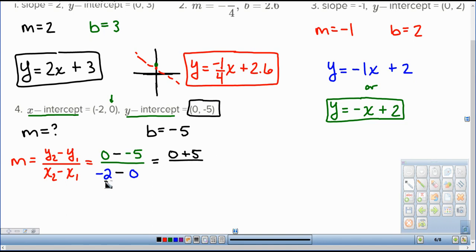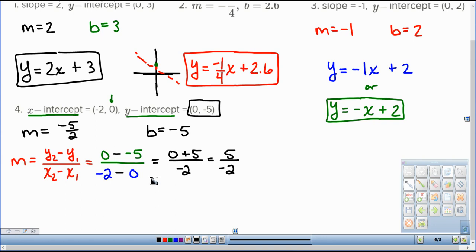And then a negative 2 minus nothing. Well, that's going to leave us with negative 2. And we get a 5 over negative 2. So my slope, which was a question mark, is now negative 5 halves.